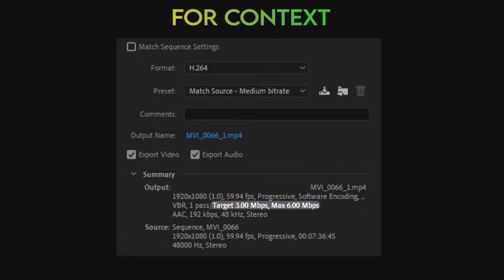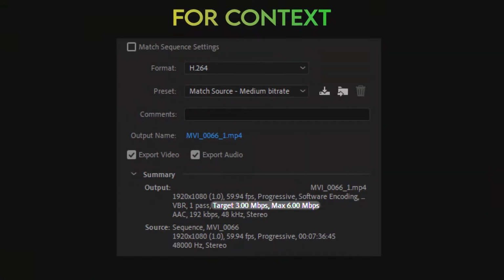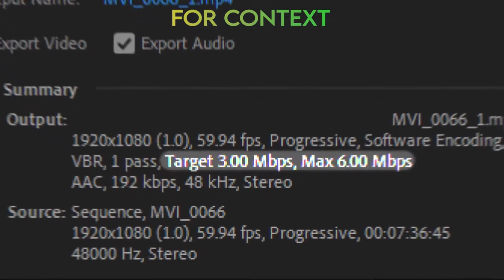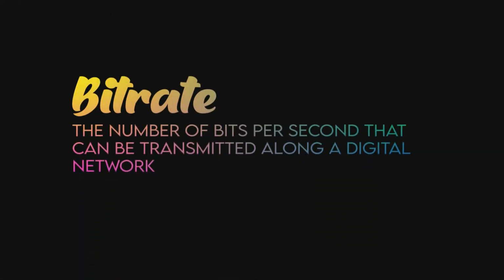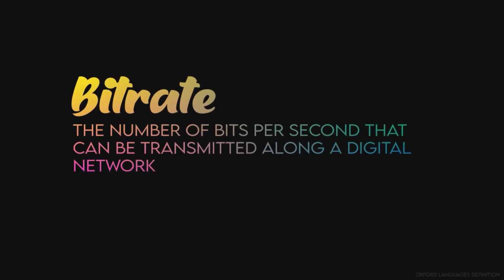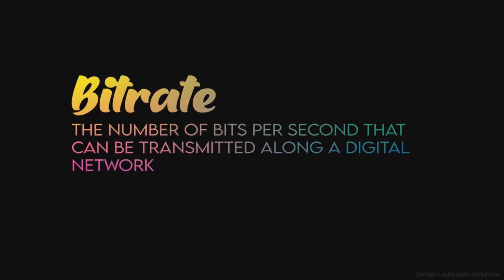H.264 1080p 60 MP4 video, or what you're watching right now, has a bitrate between 3 to 12 megabit per second. Pretty much any data stream has a bitrate because it's a certain amount of data streaming into your eyeballs or ear holes or whatever every second.